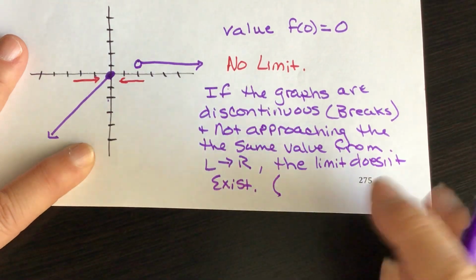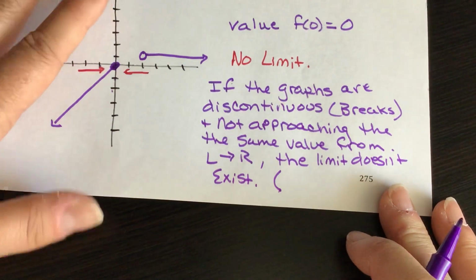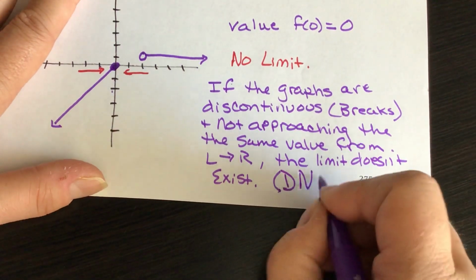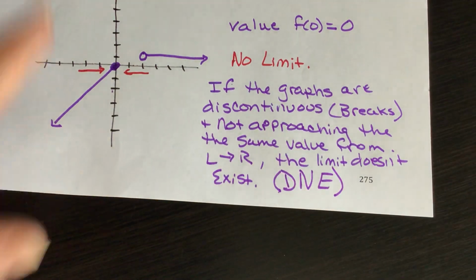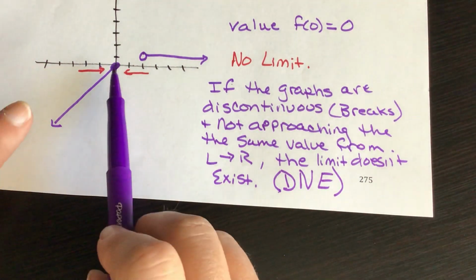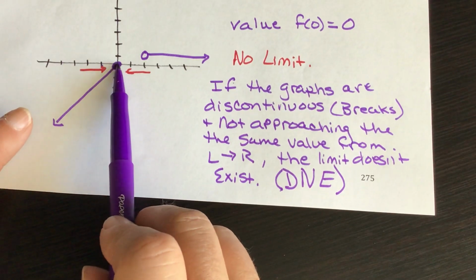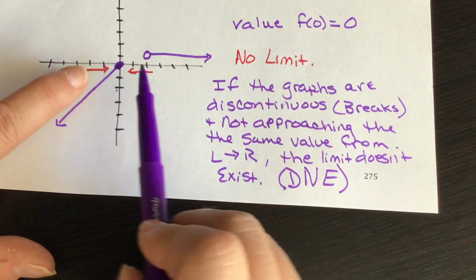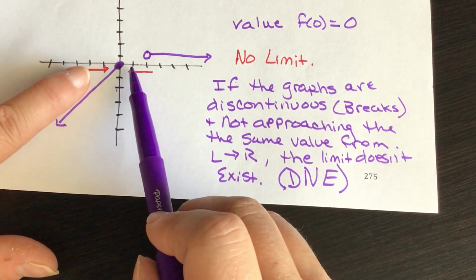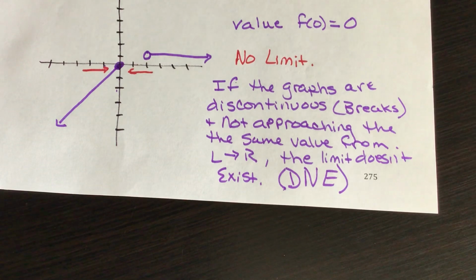And if the limit doesn't exist, the abbreviation is DNE, does not exist, instead of writing all that out. So if you're finding the limit of this value at 0 and you're not connected on both sides of 0, then you don't have a limit.